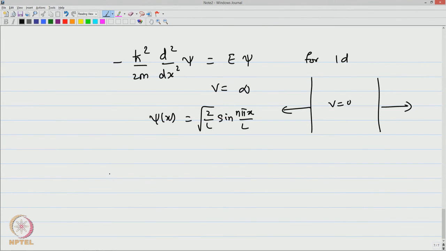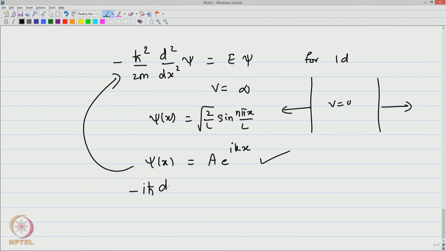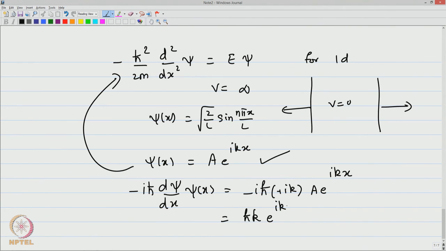On the other hand, if there is no finite boundary for the particle, you remember psi of x is A e to the i k x. If we take this as an eigenfunction, this is a solution of this operator also. But in addition, please remember, this is also a solution of the momentum operator. Minus i h bar times the derivative d psi by dx will give you plus i k, and it will give you A e to the i k x, and therefore the answer is h bar k e to the i k x A, and you can see that this is the wave function.